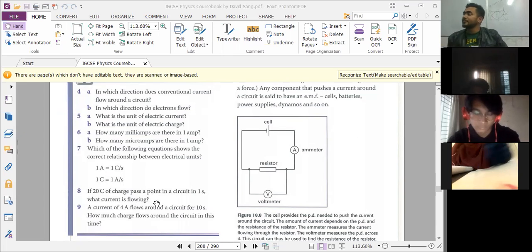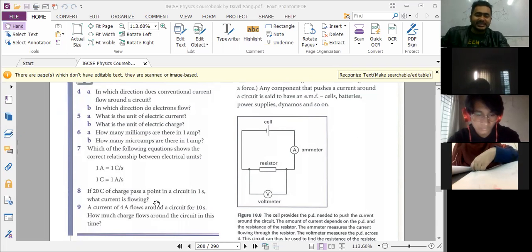Repeat everyone, 20 amps. Number 9, a current of 4 amps flows around the circuit for 10 seconds. How much charge flows around the circuit in this time? Q equals It, so it is 4 into 10, 40, and the unit is coulombs. Yes, up to 9.